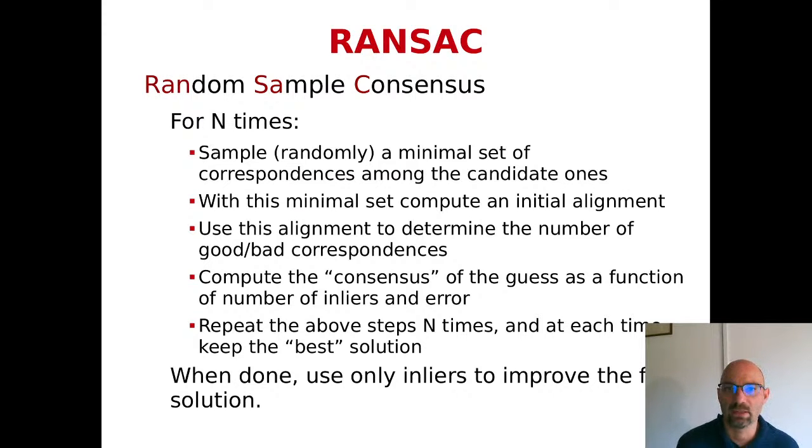Because if you have only good correspondences, then in one go you will be done, depending still on the noise, but still. It will also be influenced by how large the minimal set is. Because if I just need to pick 3 good correspondences, this is much more likely than picking 8 good correspondences.